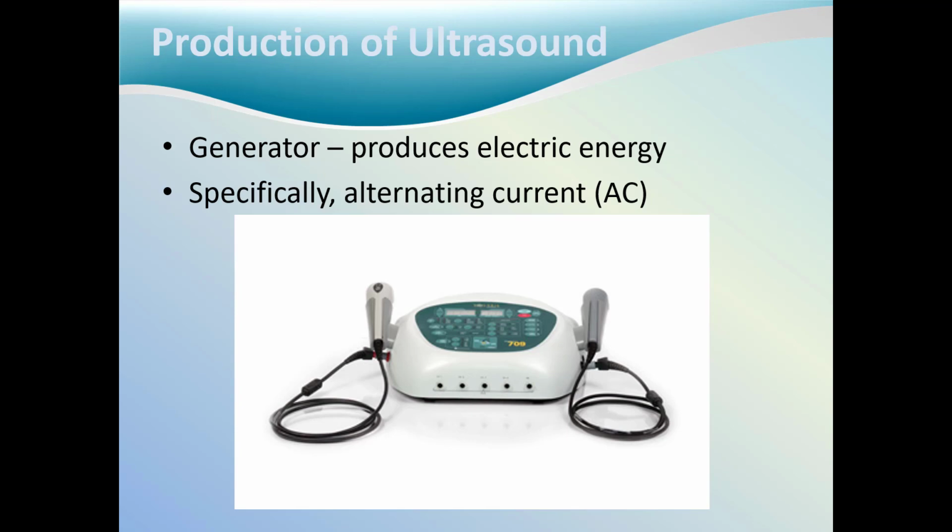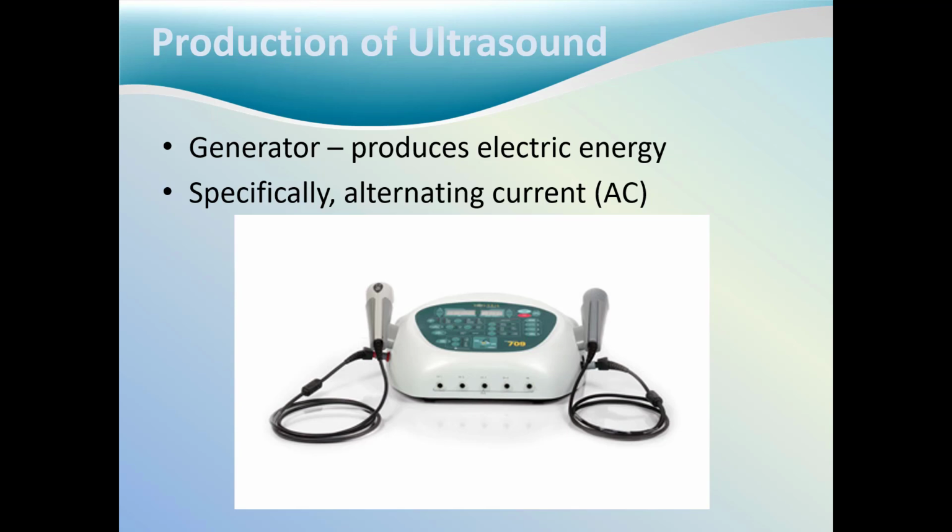The oscillator circuit produces a specific frequency electrical current at the frequency requirements of the crystal. A coaxial cable connects the generator to the crystal, which is housed in an insulated applicator handle.